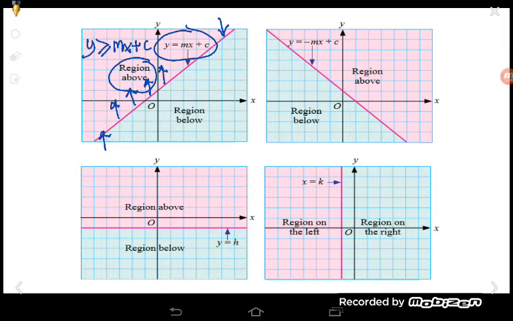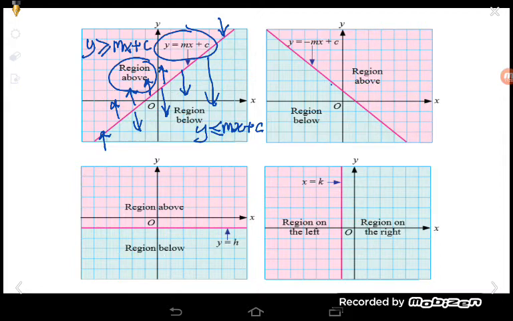And the region below this straight line, the blue color, you call it y less or same as mx plus c. Do you get it? It's very simple.